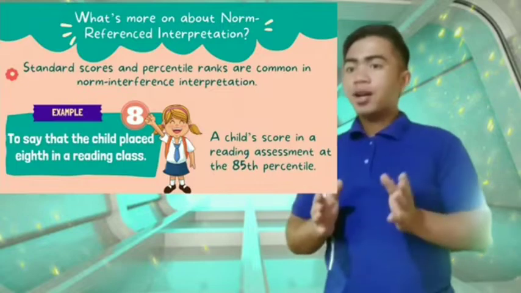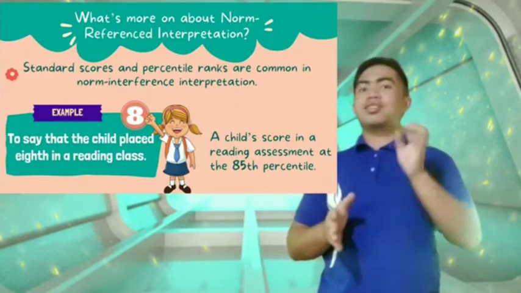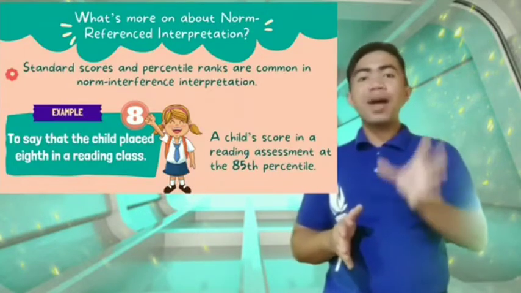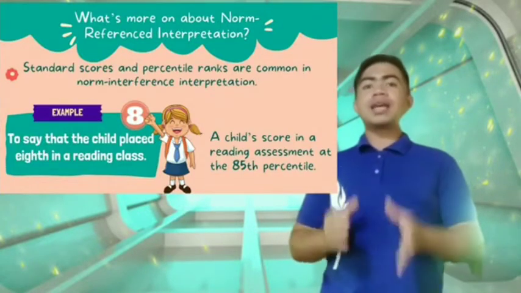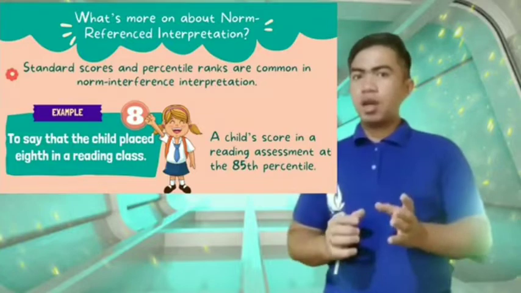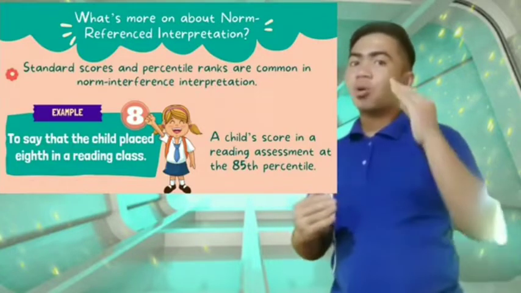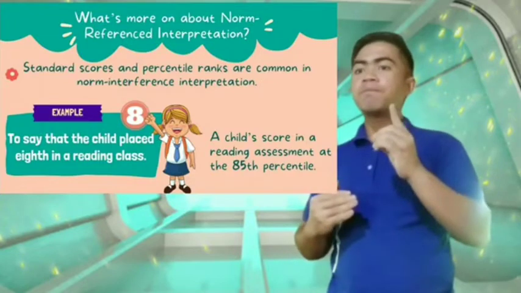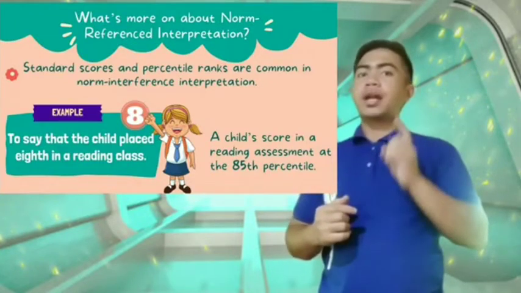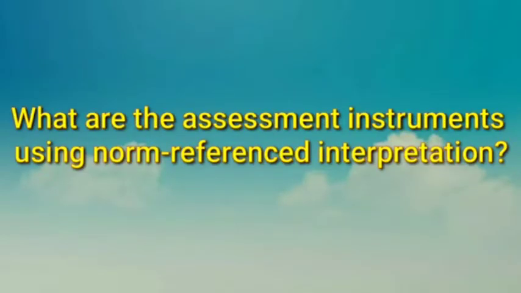So remember that this means that the child scored better than 85% of the students in the group. So we are using the standard scores and the percentile rank in the norm reference interpretation. What are the assessment instruments using norm reference interpretation?